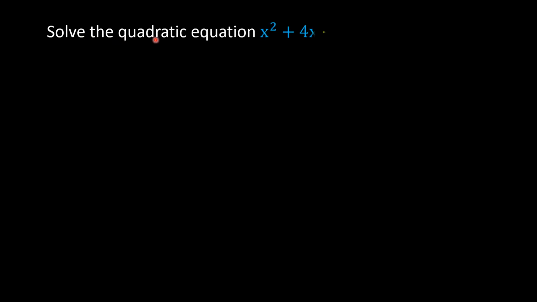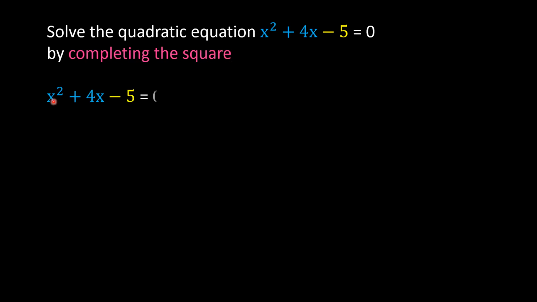Solve the quadratic equation x squared plus 4x minus 5 equals 0 by completing the square. Our quadratic equation is x squared plus 4x minus 5 equals 0. First we will check if the coefficient of x squared is 1.